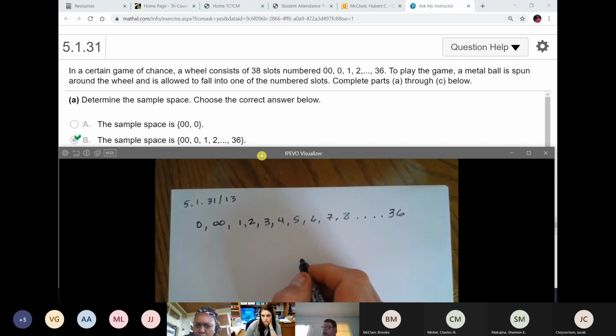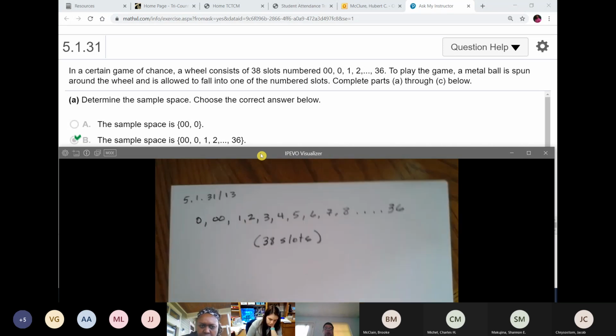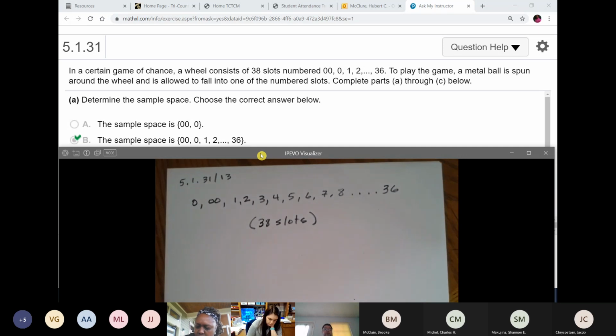So somebody tell me, how many slots are there? There's 38 slots. There's your sample space.